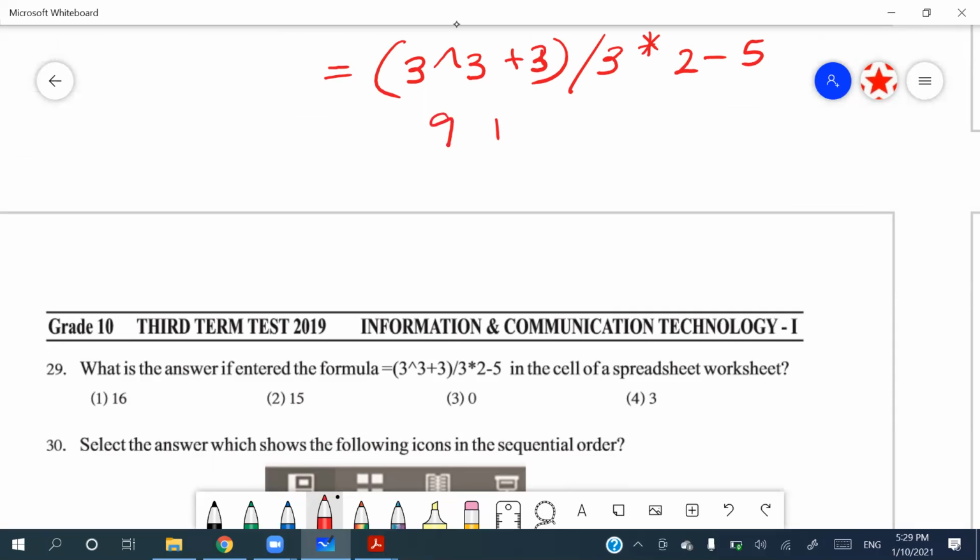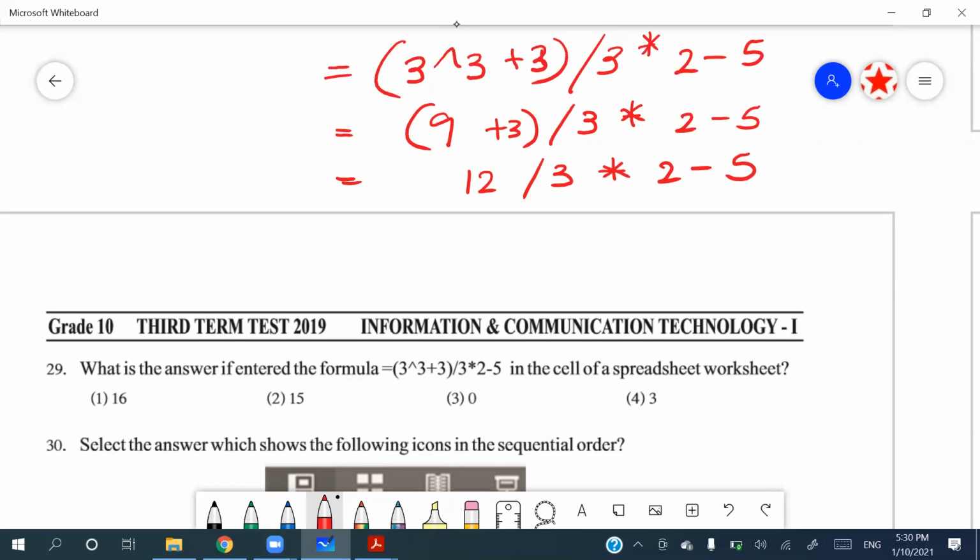So 9 plus 3 will happen divided by 3 into 2 minus 5. So 9 plus 3 will happen because those are still inside the bracket. So 12, so the bracket is gone, divided by 3, multiplied by 2, minus 5. So the division and multiplication are on the same level of priority.